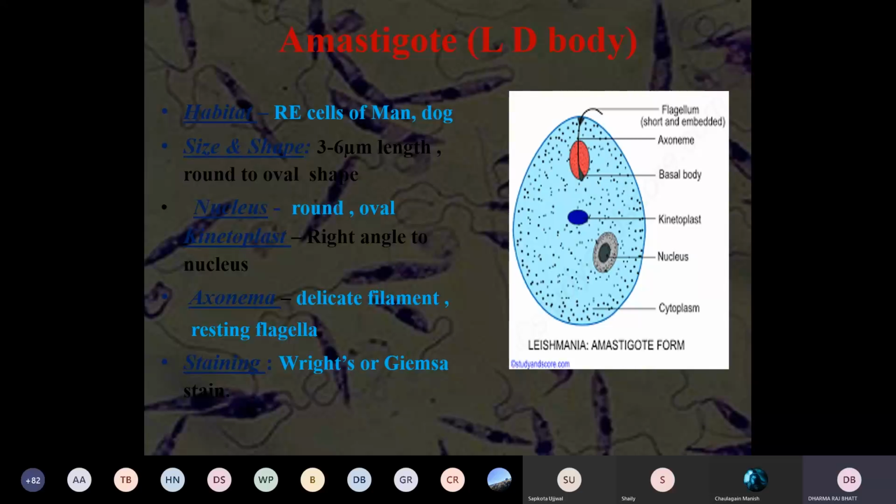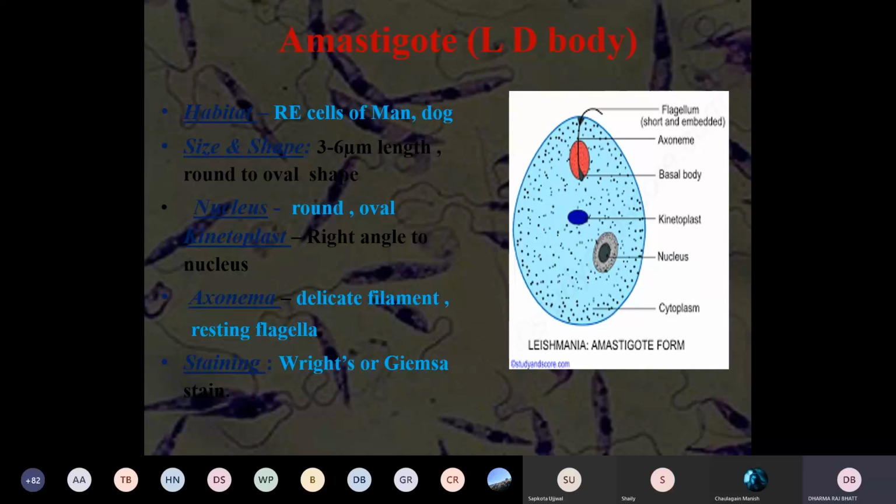So the reservoir host can be either man, an infected individual with leishmaniasis, or an animal, mostly dog. These two are the reservoir hosts for leishmaniasis.